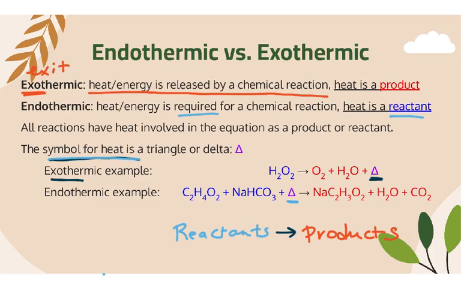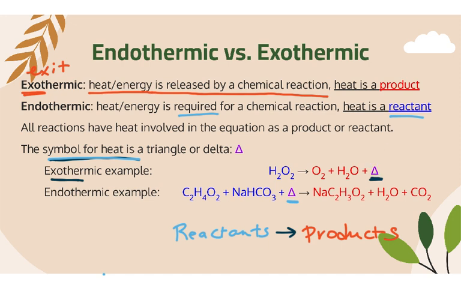So our exothermic example, we have H2O2 plus O2 plus H2O2, and then that produces O2 plus H2O plus heat. So heat is a product, it is released or it is leaving that chemical reaction.